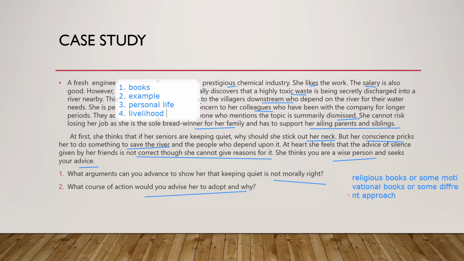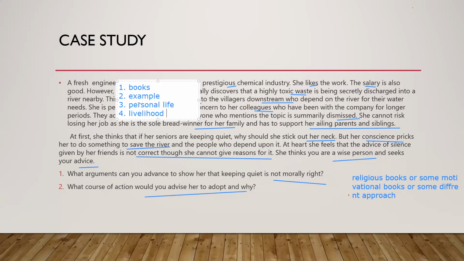In the part one, Sir, can we mention the name of movies that correlate with this incident to motivate?